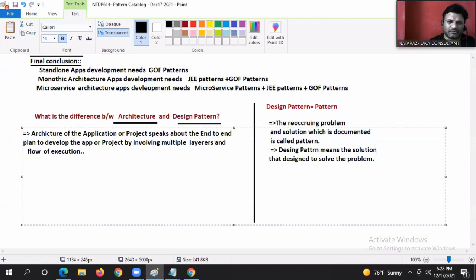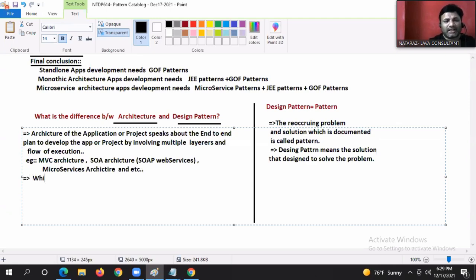Examples, guys. MVC architecture. Next, SOA architecture. SOAP based web services talks about SOA architecture. Next, microservice architecture. Understanding my statement, guys? Right.